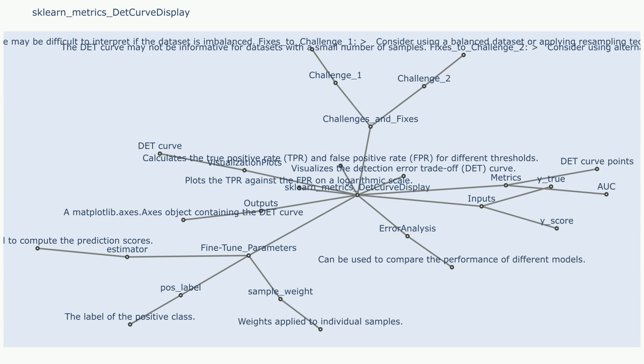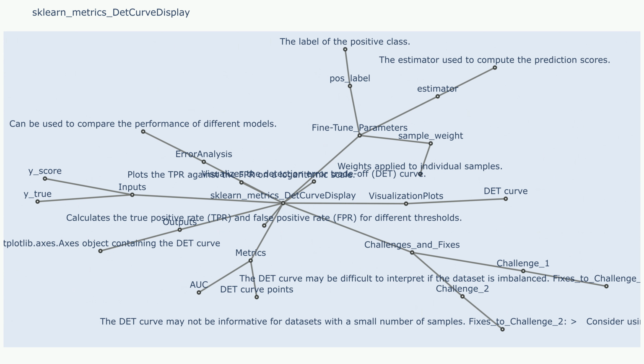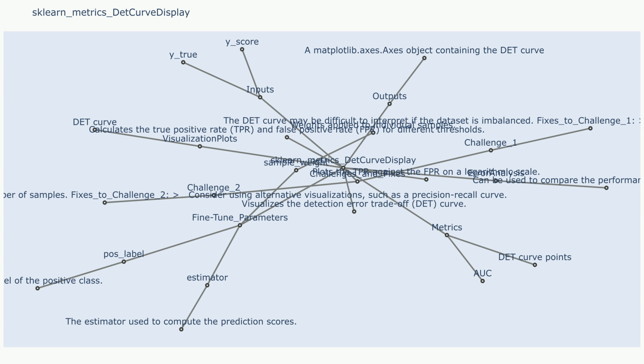True negative rate (TNR): the proportion of negative samples that are correctly classified as negative. Visualization plots: DET curve: a plot showing the trade-off between the false positive rate (FPR) and the false negative rate (FNR).